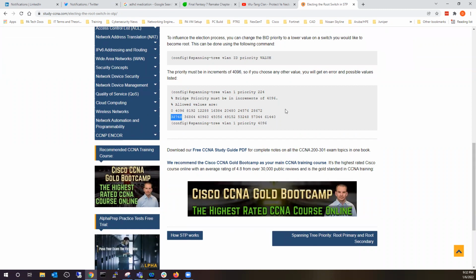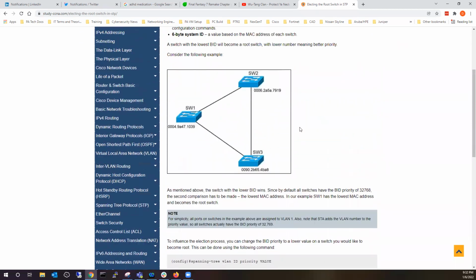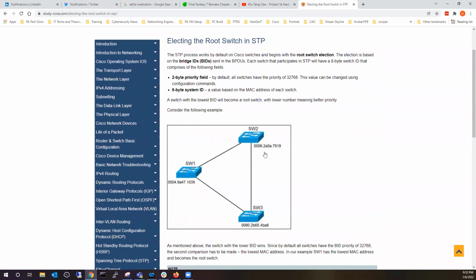Plus the VLAN number, because you could have different VLANs on the switch. If you don't change anything and we just have VLAN 1, it'll be 32768 plus 1, which would be 32769. That's the priority. Then the difference maker would be the MAC address on each switch.